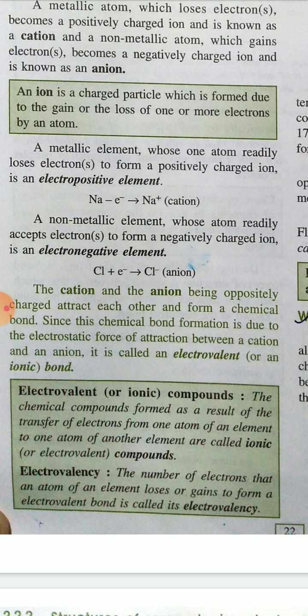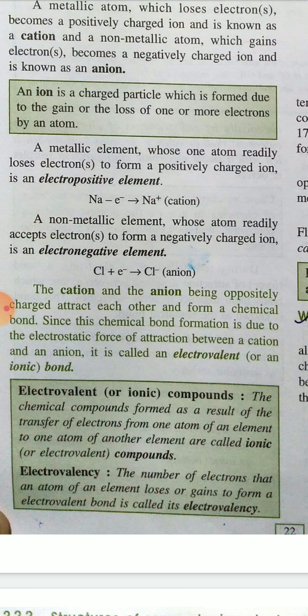So, what is an electrovalent or ionic compound? The chemical compounds formed as a result of transfer of electrons from one atom of an element to one atom of another element are called ionic or electrovalent compounds. And what is electrovalency?